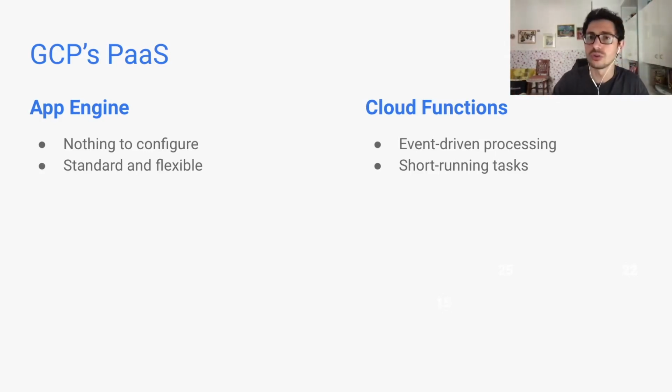You only need to know the details of your application, not of the infrastructure. And here you have two solutions. Let's talk about App Engine first. So App Engine is quite similar to what we presented up to now, but again, it's serverless. So you don't need to specify anything, really anything, there is nothing to configure. You just take the application and say, okay, run here.